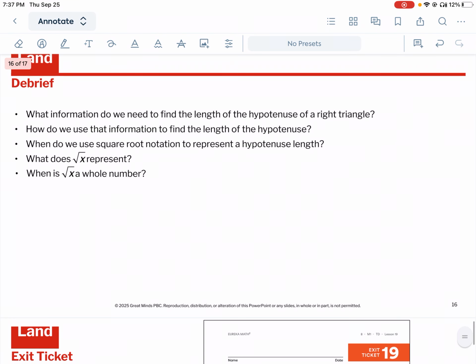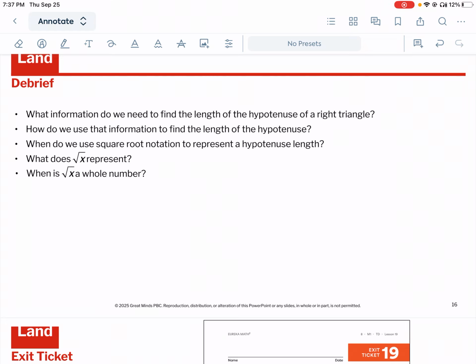Real quick, as we brief, what information do we need to find? Do we need to find the length of the hypotenuse? You definitely need the values for your a and your b. You need to know the formula for the Pythagorean theorem is a squared plus b squared equals c squared. And then you'll plug in and punch in to find those values, to find the value of c squared, and then you need to square root to find the value of just c.